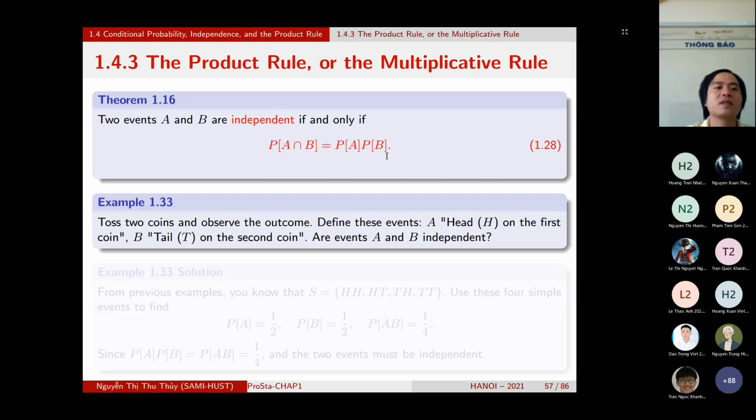For example, we toss two coins at the same time and observe the outcomes. We consider event A, the first coin is head, and event B, the second coin is tail.